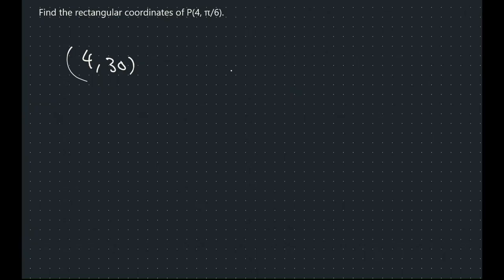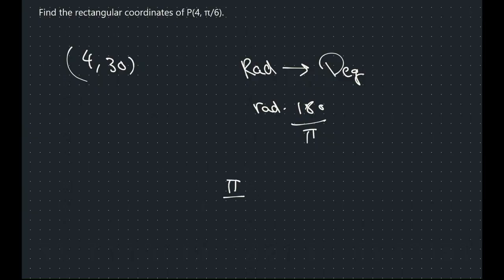We will do the unit conversion from radian to degrees. It will be radian, of course, times 180 divided by pi. So let's verify it here. Pi over 6 multiplied by 180 over pi. What happens is pi cancels out, and then we have 180 divided by 6, which is equal to 30. And this is how we convert it.